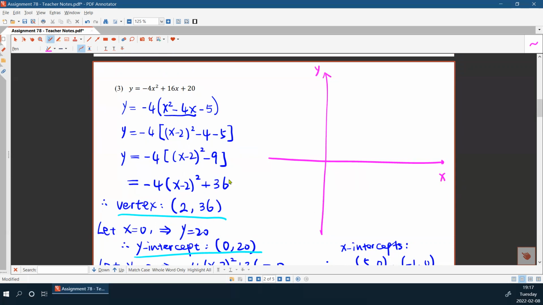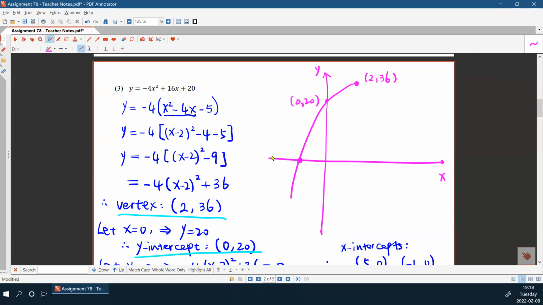Y-axis, x-axis. First of all, the vertex is 2, 36. So 2, 36 is around here. And then the y-intercept is 0, 20. 0, 20 is about here. And one of the x-intercepts is 0, 1, so it's around here, right? So basically, the left branch should look like this. Oh, sorry.